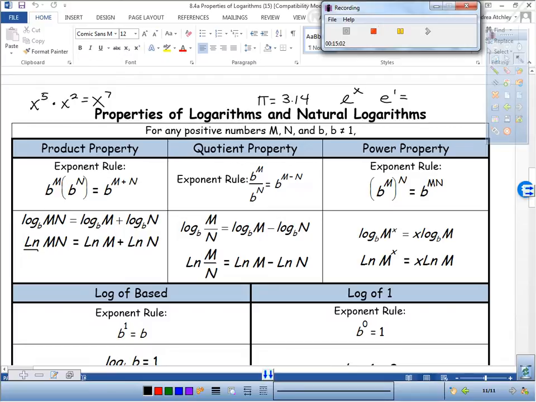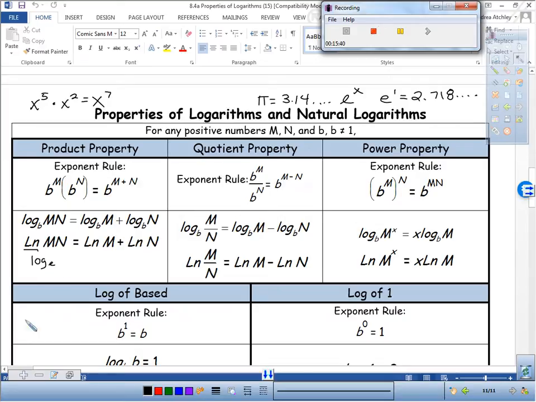Let's see who has that. Did you get that value? What is the value? 2.18. And it continues on forever just like pi does, right? Pi goes on forever, and so this e will go on forever as well. ln is the log with a base e.